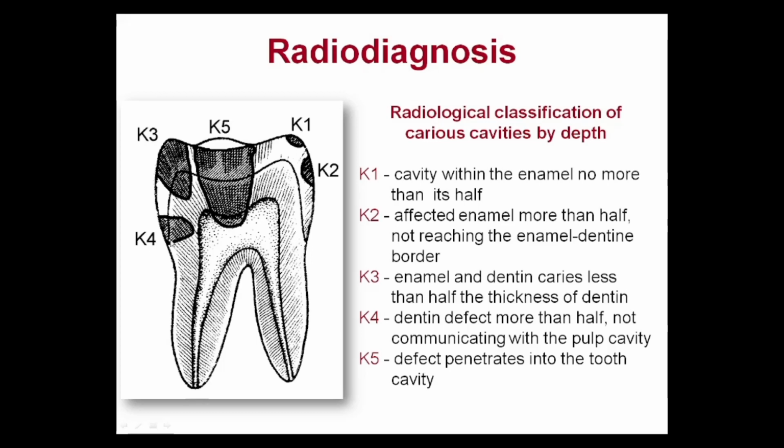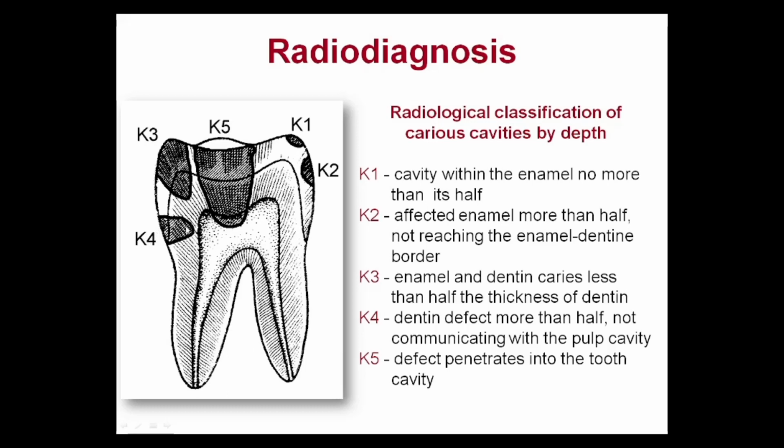And K4, also in enamel, in dentin, but deeper than half of dentin, but not reaching the pulp. More than half, but not communicating to the pulp cavity. This is pulp cavity, and caries cavity, which is K4, does not penetrate into this structure.